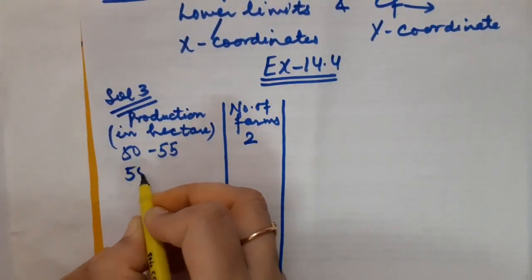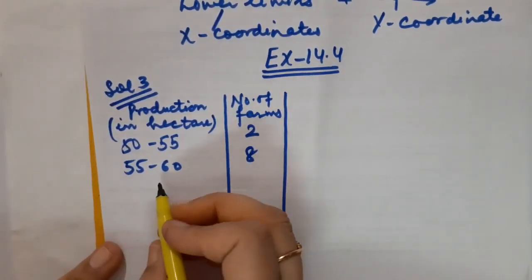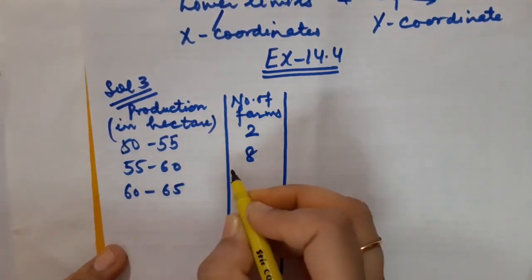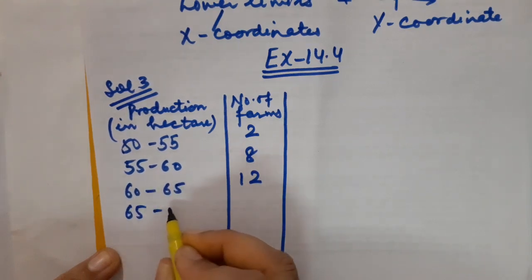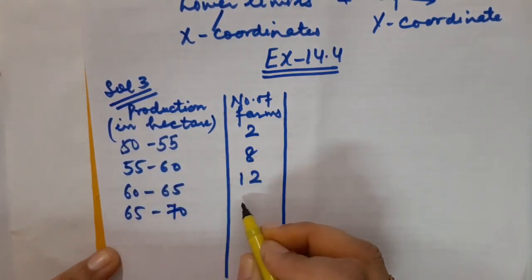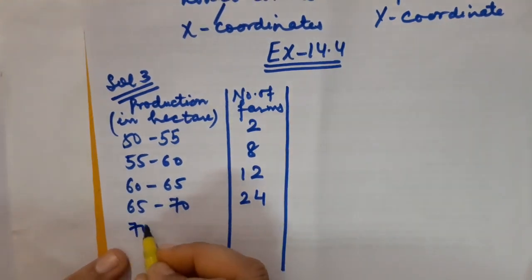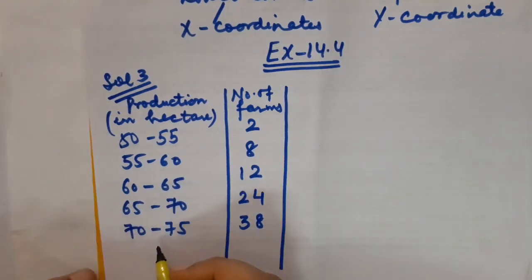Then from 55 to 60, there are 8 farms. From 60 to 65, there are 12 farms. From 65 to 70, there are 24 farms. From 70 to 75, there are 38 farms.